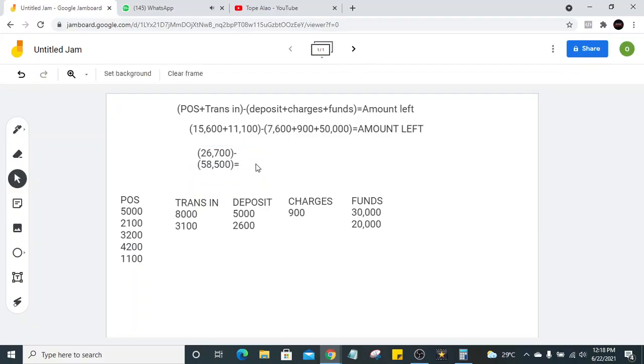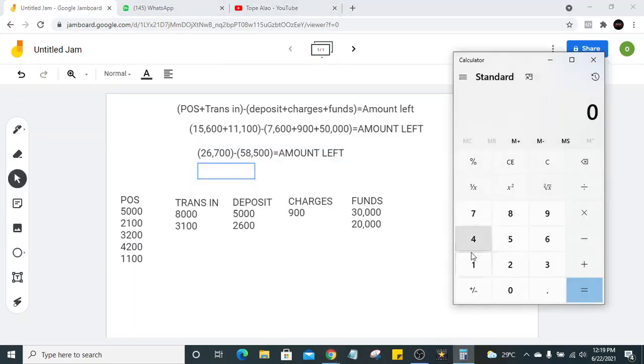Okay, yes, let's do that. So amount left will be 26,700 minus 58,500. So this will actually give you a negative amount. The assumption is that you put an employee there, but it will definitely show you the amount you are supposed to be left with.